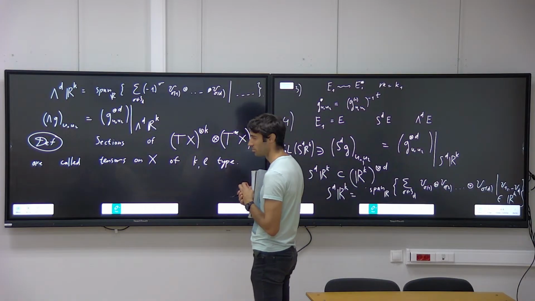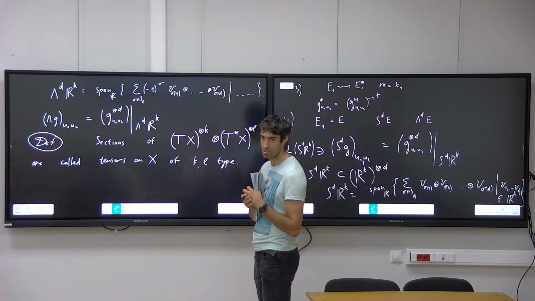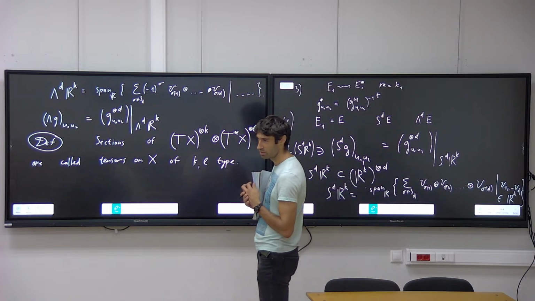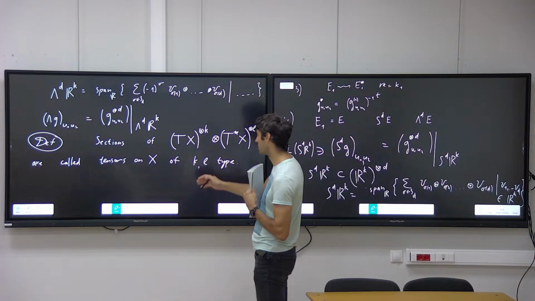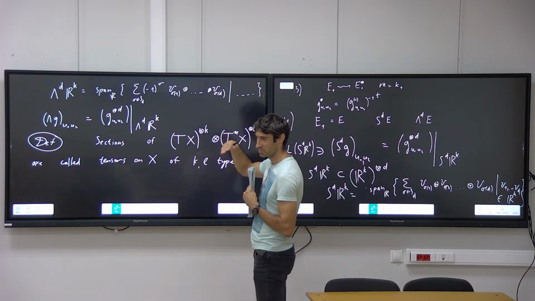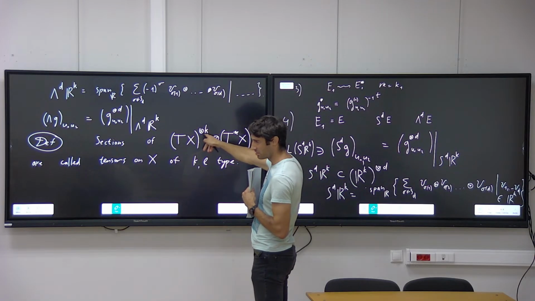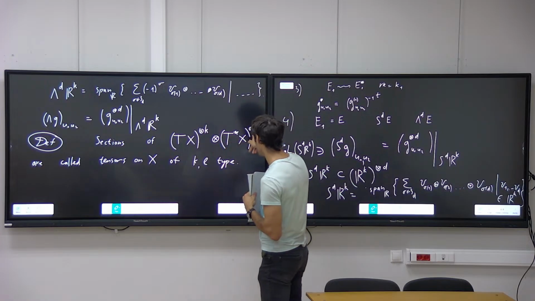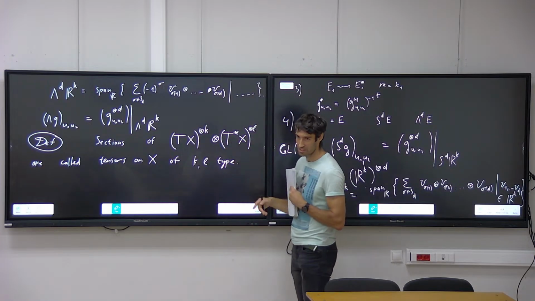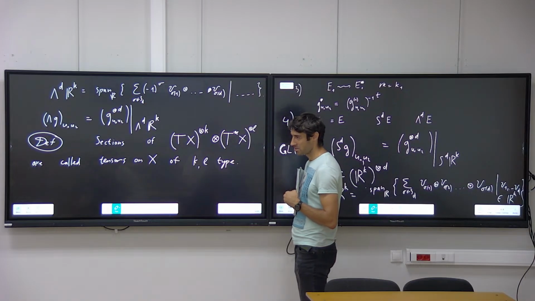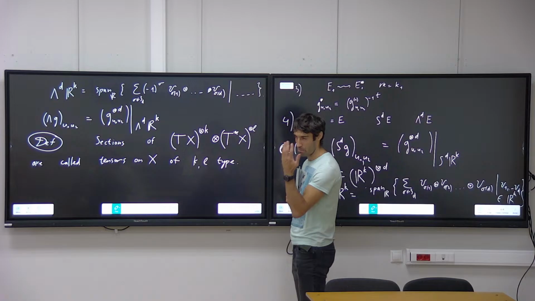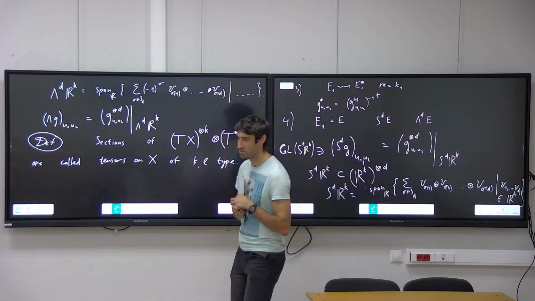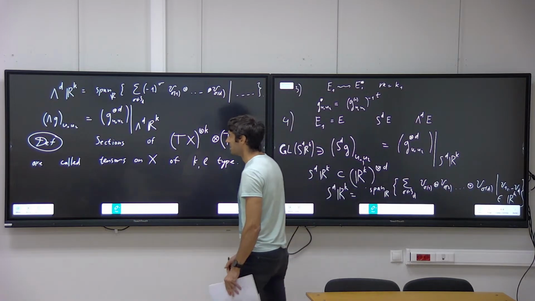These are the things which physicists always like, and they write a lot of indices, like upper indices, as many as K, and lower L indices. So something with a lot of upper and lower indices, they call it tensors. So what we call tensors is this.